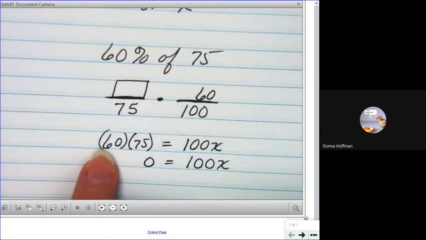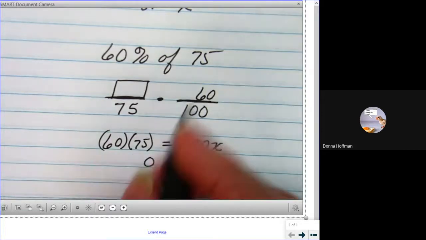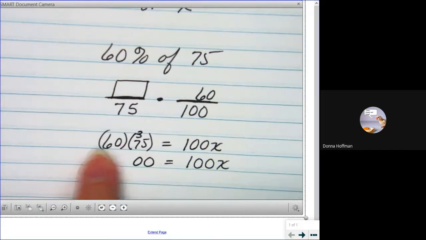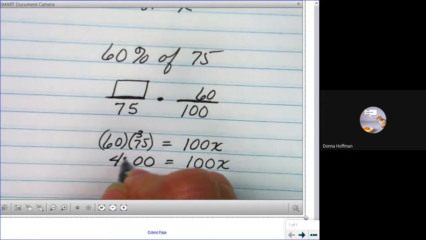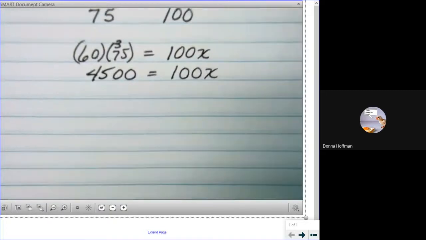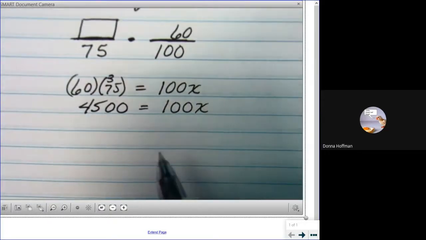And now it's just 6 times 75. So it's 6 times 5. I carry my baby 3 over my 7. What's 6 times 7? Plus the 3. Now I got to get rid of my 100. Well, how do I get rid of my 100?